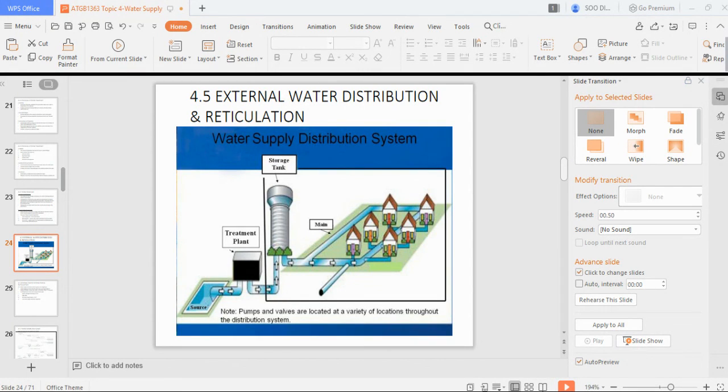This type of structure is where most of the water is stored on a high place, at a high height. Or sometimes if you go around KL, you can see water tanks being built all over Malaysia.